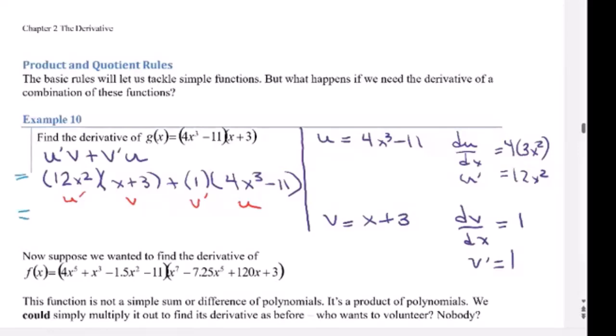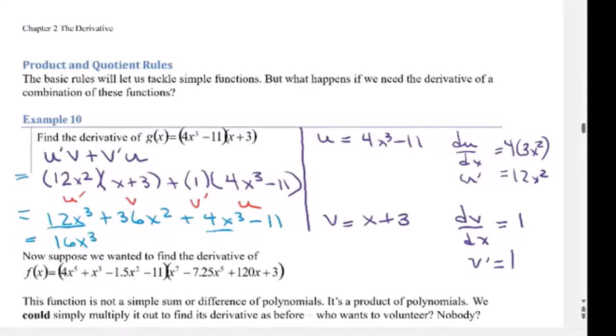We can multiply all this out and see if we can combine any like terms. So we get 12x cubed plus 36x squared plus 4x cubed minus 11. I can combine 12x cubed and 4x cubed, and I get 16x cubed.